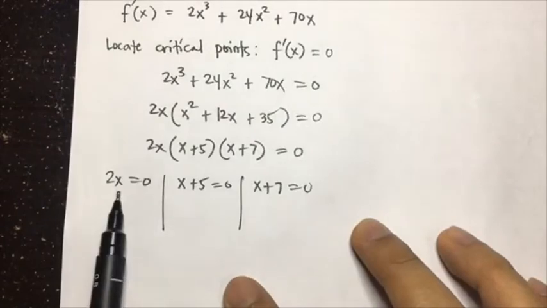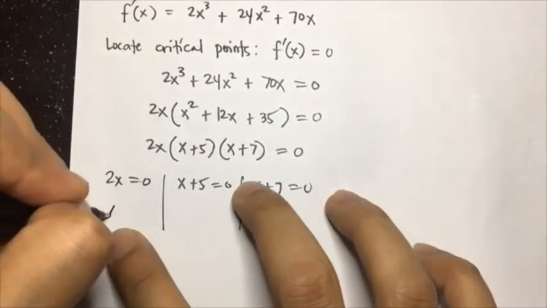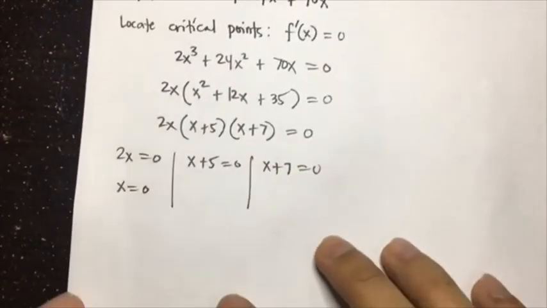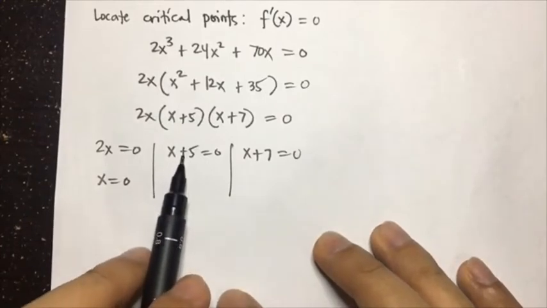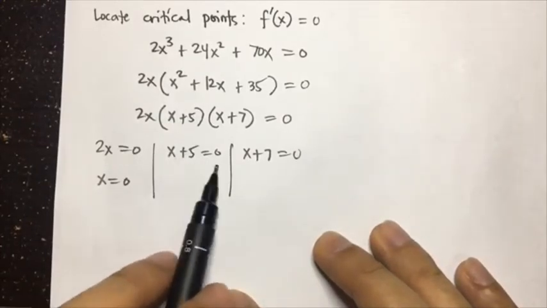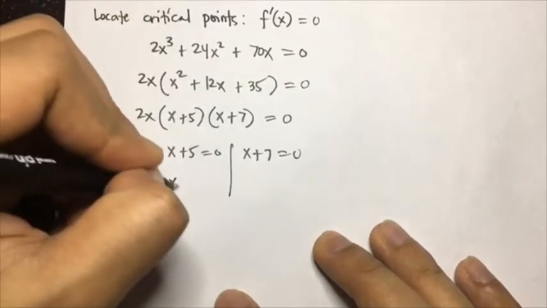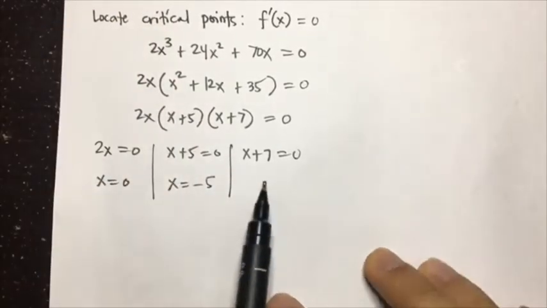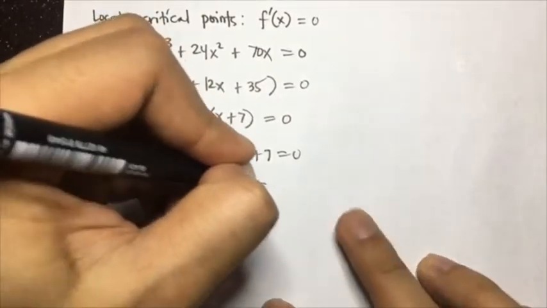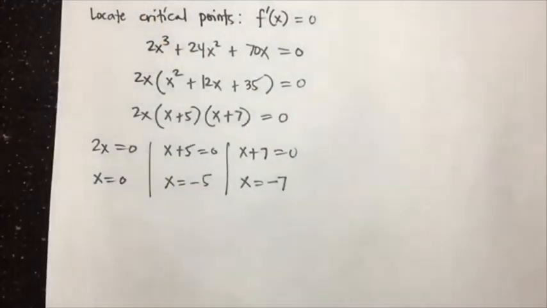Dividing both sides by 2, we will have x is equal to 0, x is equal to negative 5, and x is equal to negative 7.